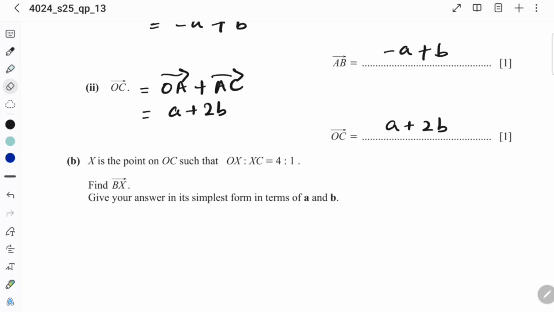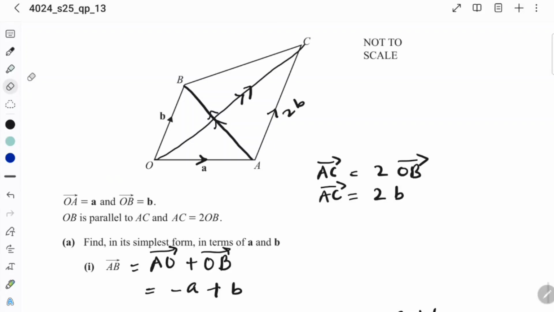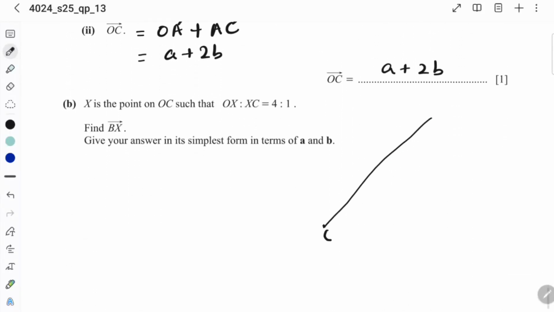It is on OC such that OX is to XC is 4 is to 1. We have to mark it like this. This is X. X is a point on OC such that the ratio is 4 to 1. And we know OC is A plus 2B.